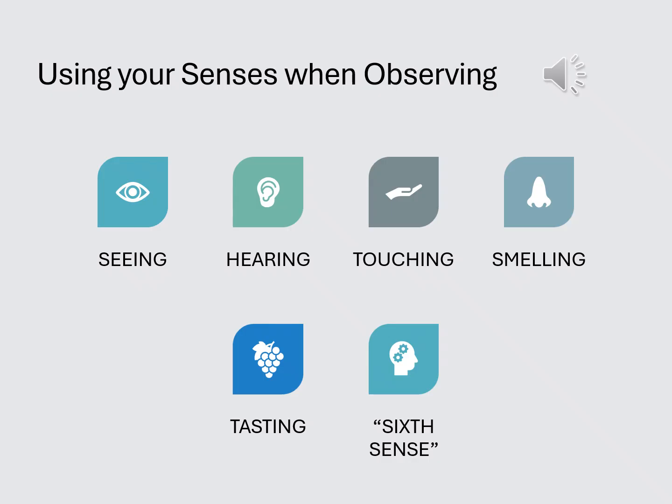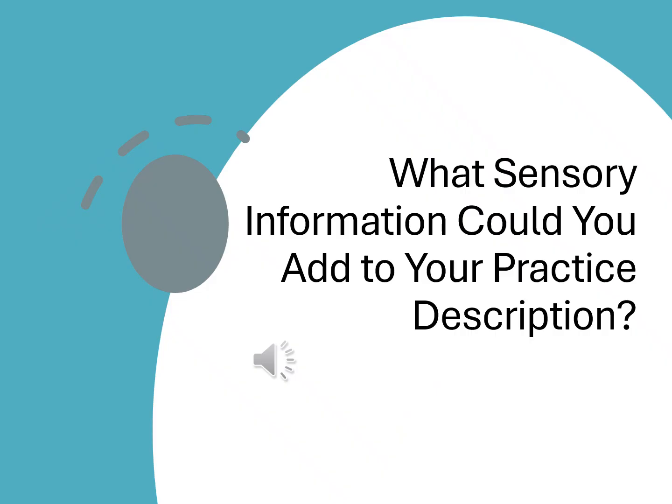And then there's that sixth sense, the intuition we have about what's going on. Just be tuned in fully to the experience of watching so that you're collecting all the details that you possibly can. I'm not asking you to actually do this, but if you go back to slide 7, where you were looking at that picture and writing your anecdotal record, imagine that you were actually in the classroom and that incident was taking place.